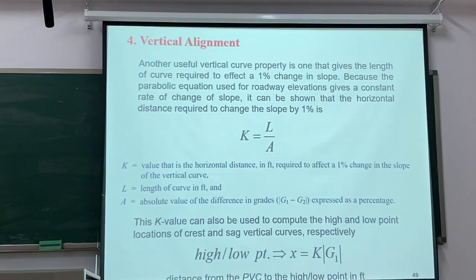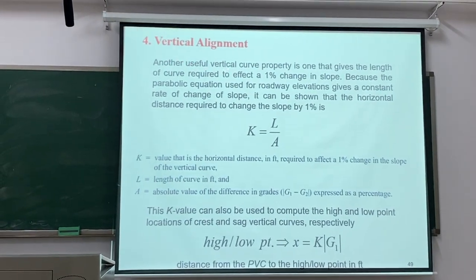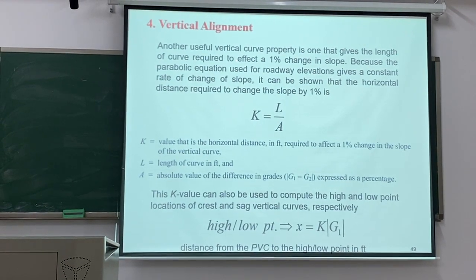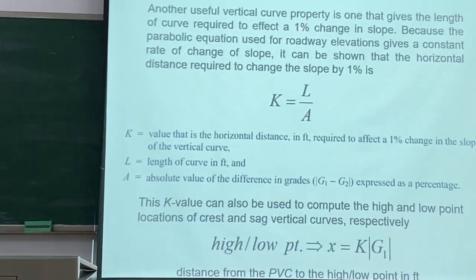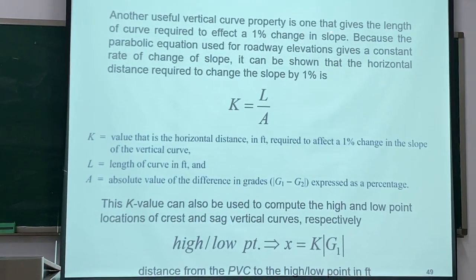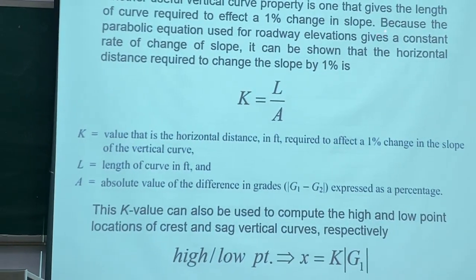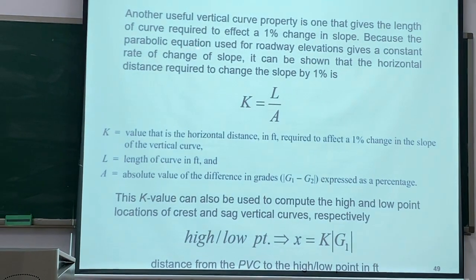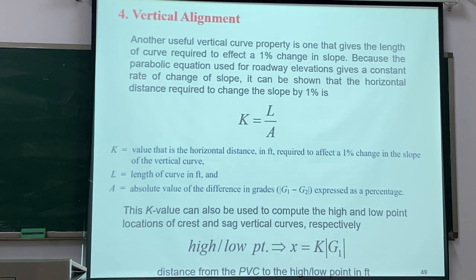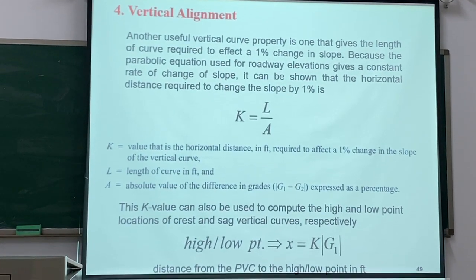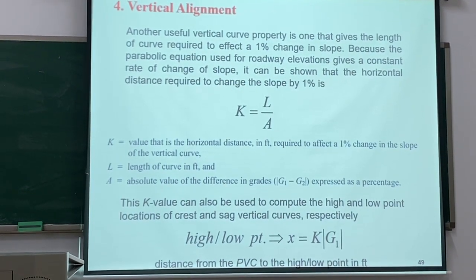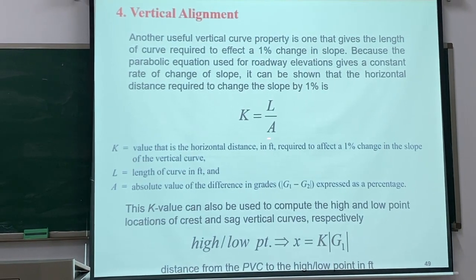Another useful vertical curve property is the length of curve required to effect a 1% change in slope. Because the parabolic equation used for roadway elevations gives a constant rate of change of slope, it can be shown that the horizontal distance required to change the slope by 1% is this.